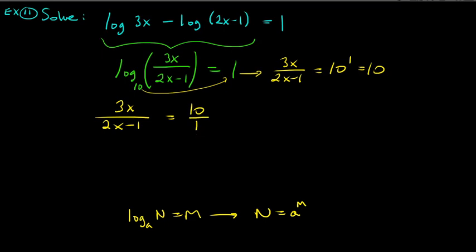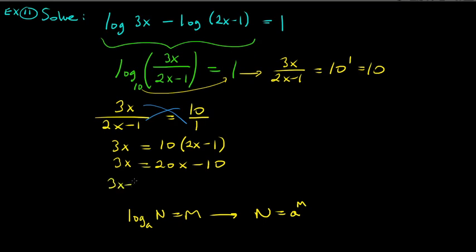So why not just cross multiply? Multiply 1 times 3x, and 10 times 2x minus 1. So 1 times 3x is 3x, and 10 times the whole thing, 2x minus 1. So this will be 3x equals 20x minus 10. And there's no x squared here. This is a linear equation. So I think you can take it from here.